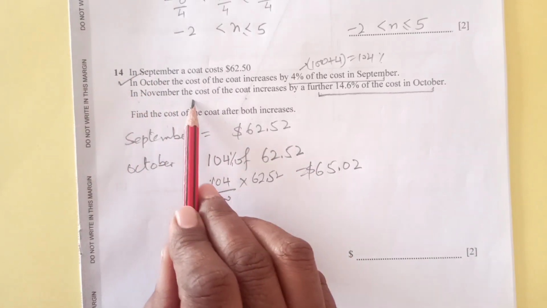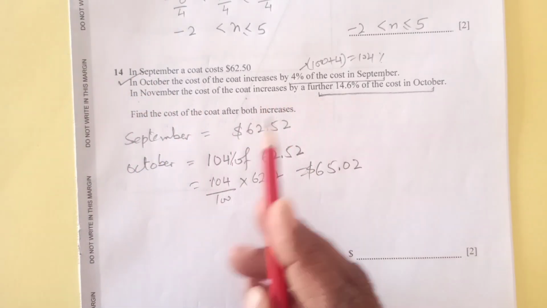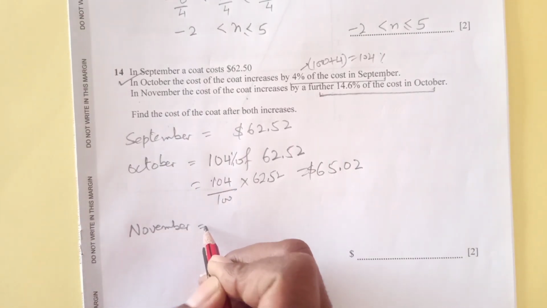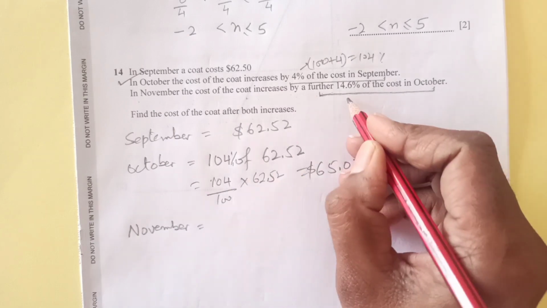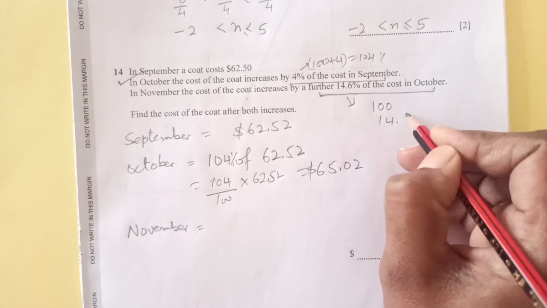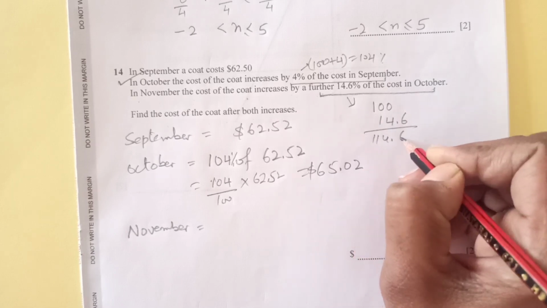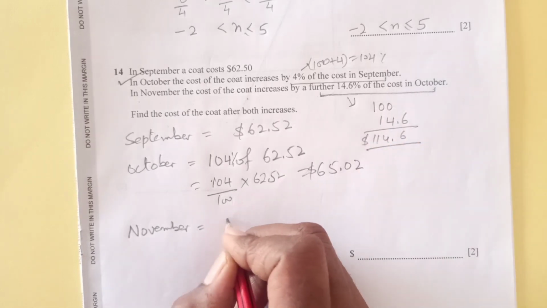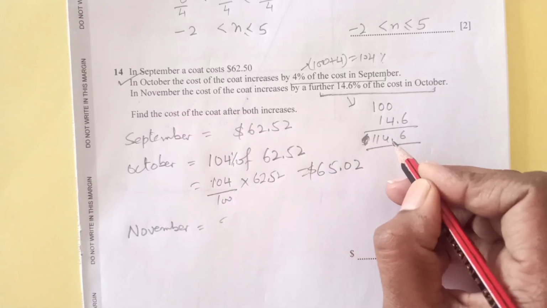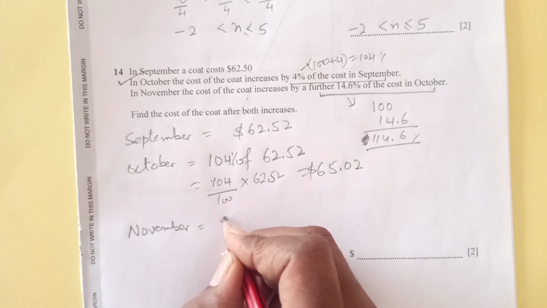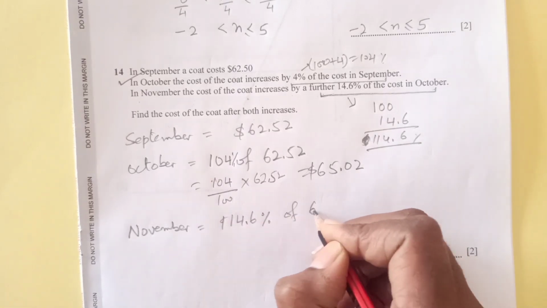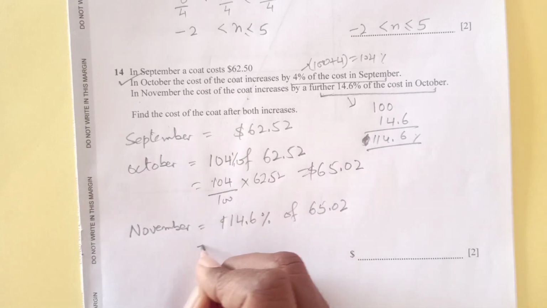Second, now in November the cost increases further. So in November the cost is increasing by 14.6%, that is 100 plus 14.6, 114.6, right? Sorry, not dollars. This is the percentage increase. So this is 114.6% of 65.02, right?